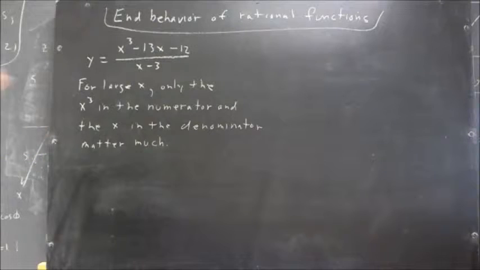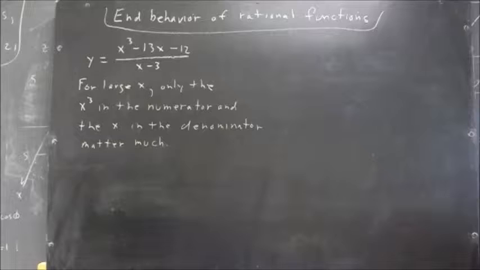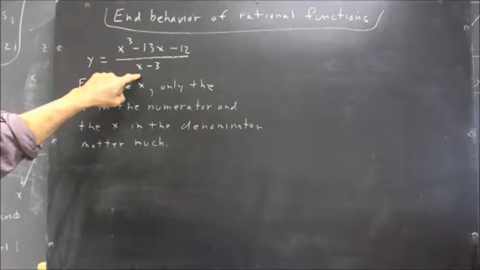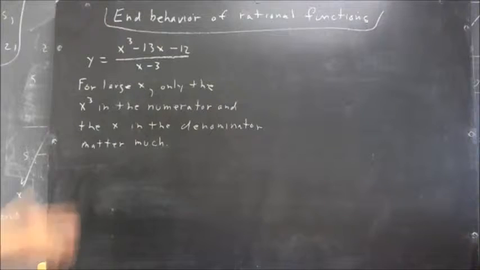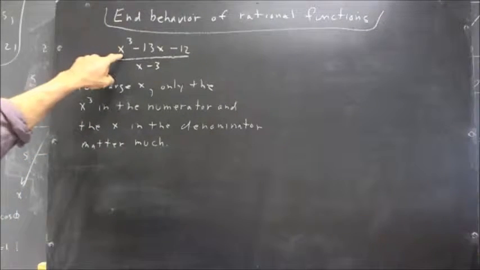The end behavior of this function turns out to be dominated just by the x cubed in the numerator and the x in the denominator, because if x is big, only the x cubed in the numerator really makes much difference.